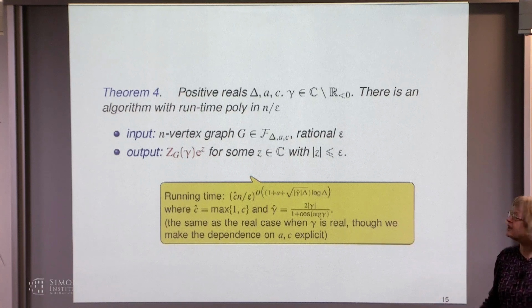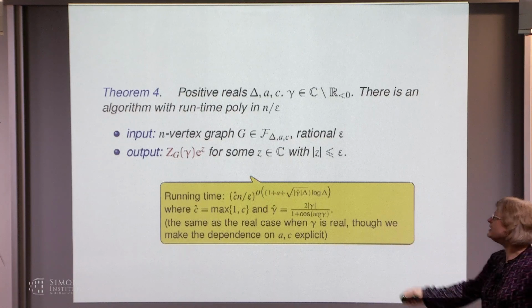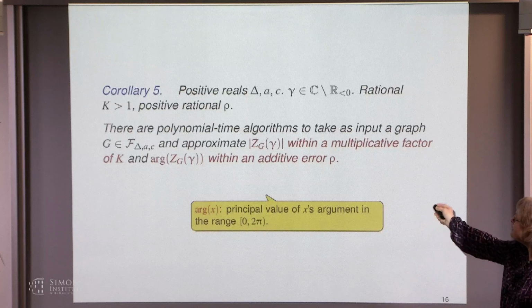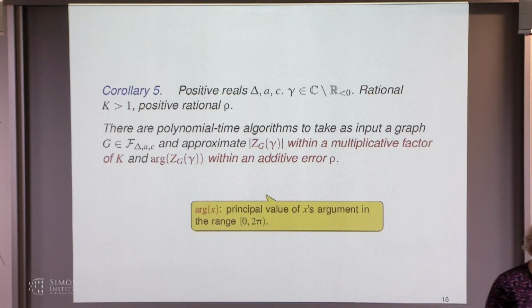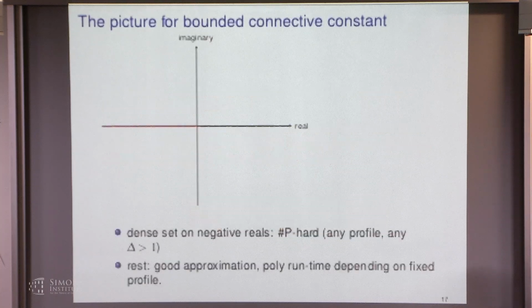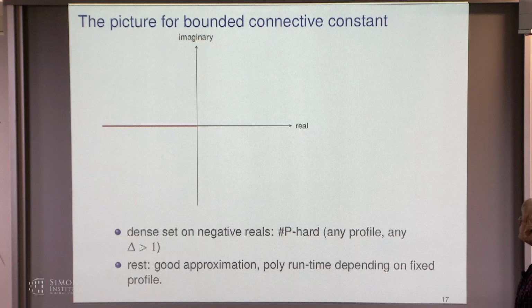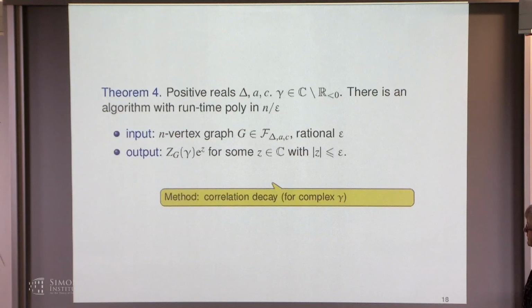But if it looks a little bit strange, it doesn't really matter. Same thing, you could approximate the norm within any multiple, or the arg within any additive factor. Okay.